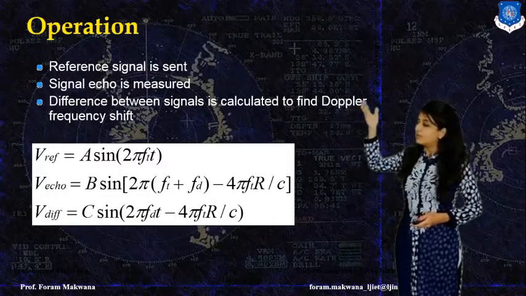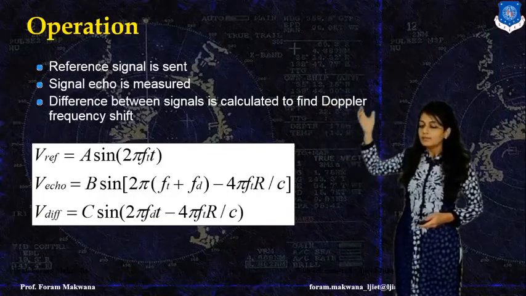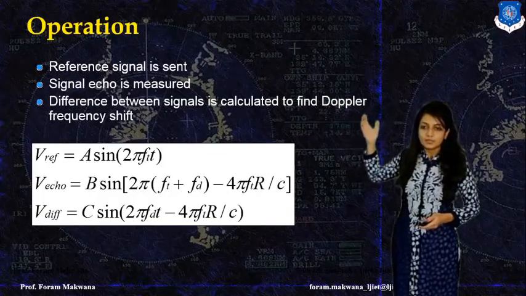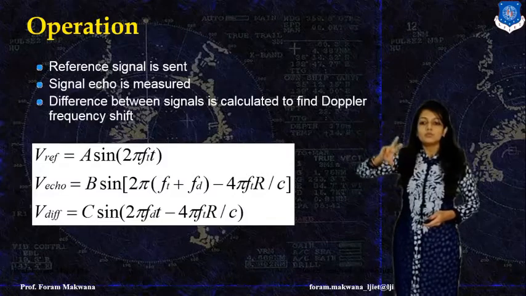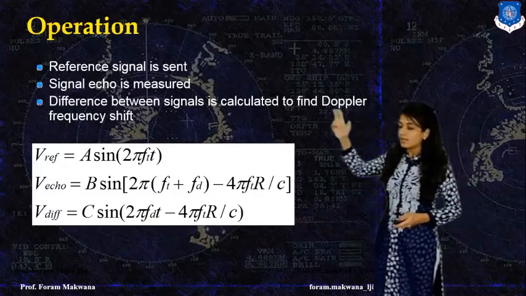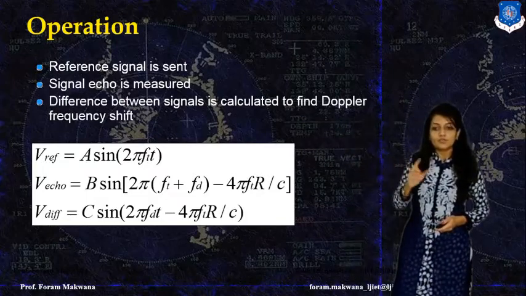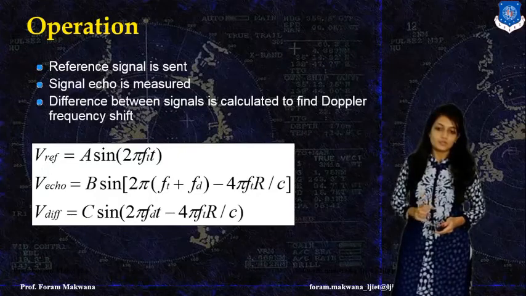Alright? So, what is the operation? First, the signal is sent. Based on that, the echo signal is going to be received, and then we are going to measure the difference between the signals, which is going to be calculated to find the Doppler frequency shift.